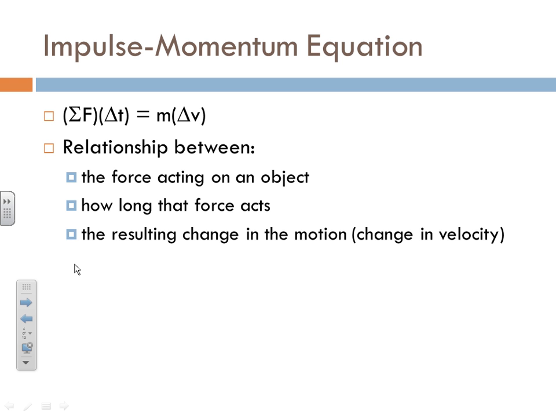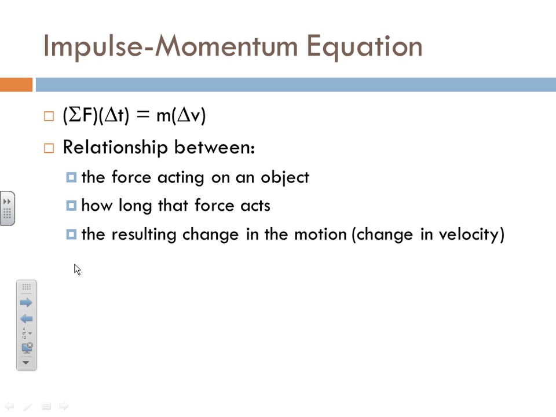If we talk about a rocket that takes off into space, the engines on a rocket can supply a huge amount of force. And because of that huge amount of force, they can cause a very large acceleration, which is true.